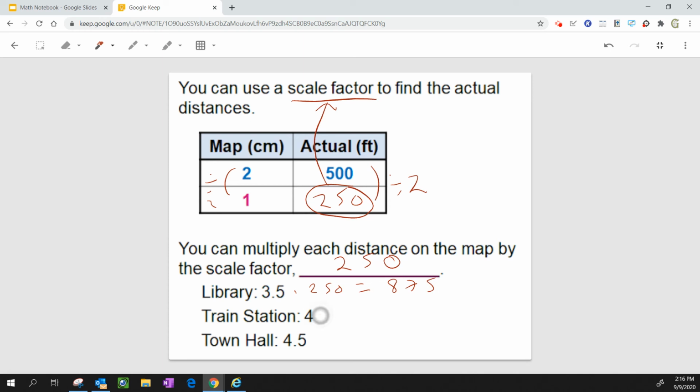I could do 4 times 250, which was 1,000. And 4.5 times 250, which was 1,125. And of course, good mathematician, I don't want to leave these numbers naked, so I'm going to give them a label. And it was real life, so feet, feet, feet.